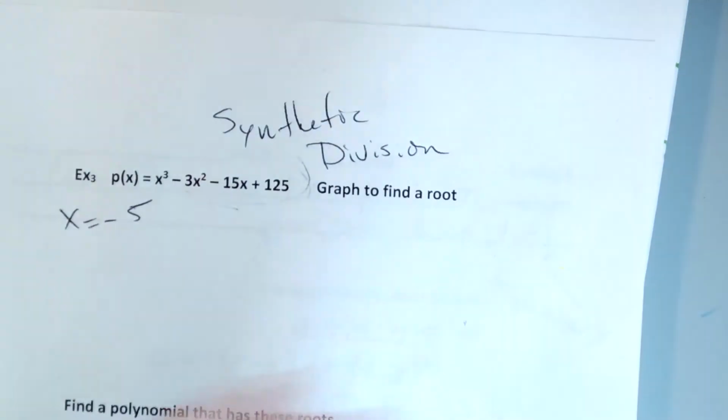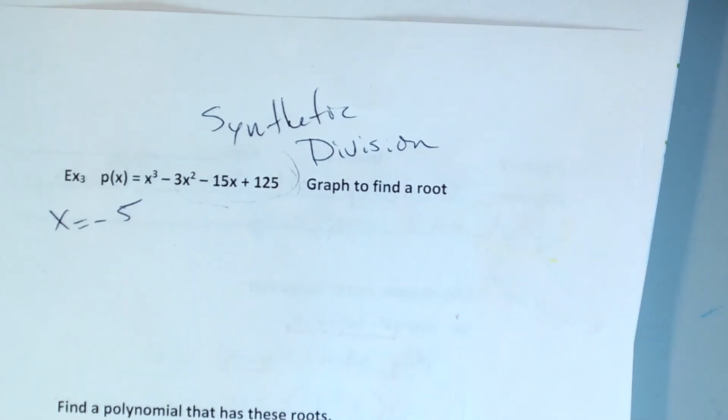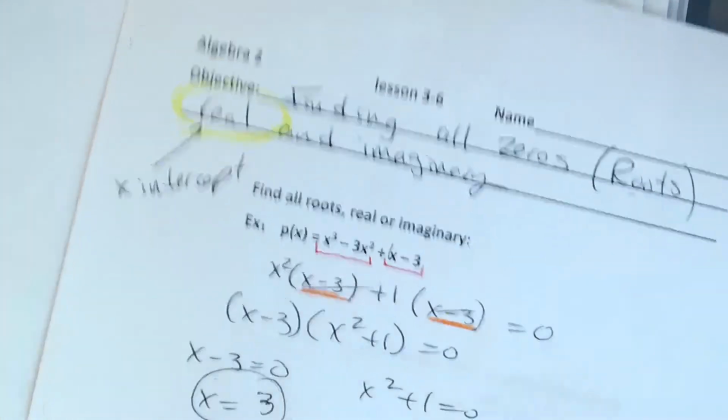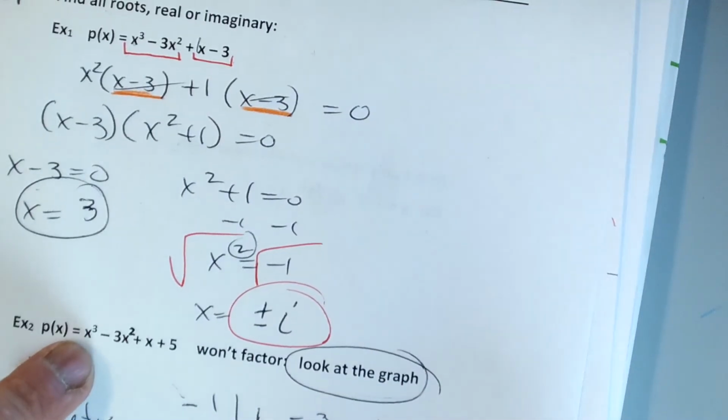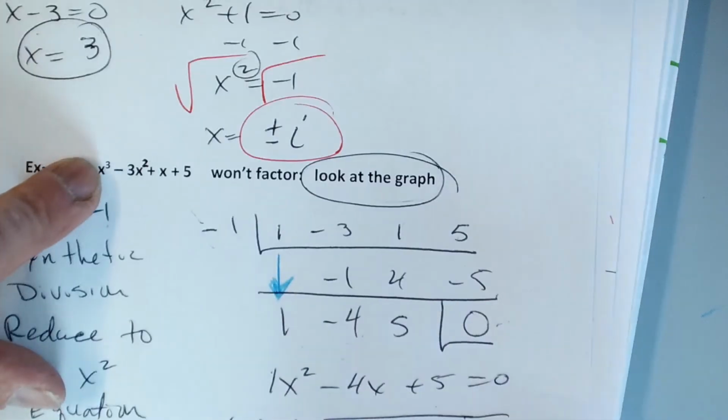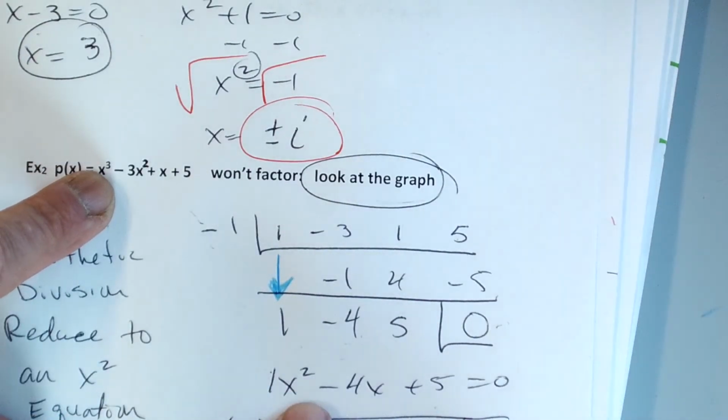Okay, and I'm going to explain why the synthetic division is important, okay? So write that down. I'm going to flip the page real quick, okay? So, when we took this x cubed and we used synthetic division, it changed it to an x squared, right? You guys agree with that?